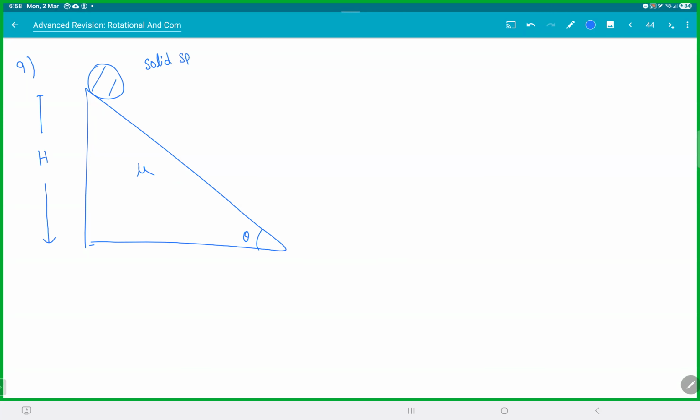A solid sphere is released from rest. Find the mu minimum for no slipping. If you leave this ball on the incline, find the minimum friction for no slipping.